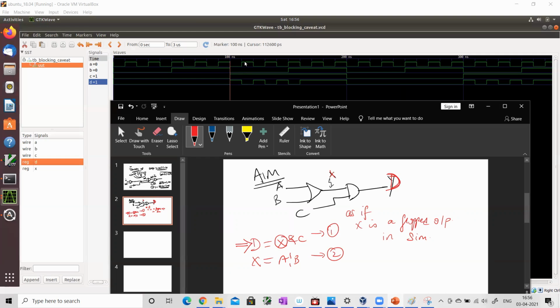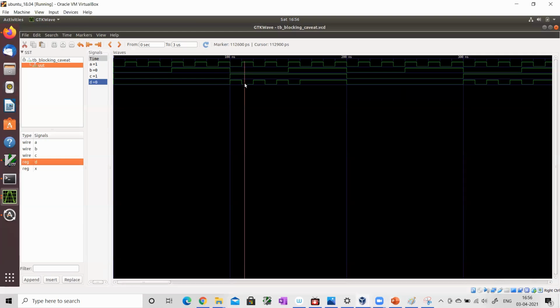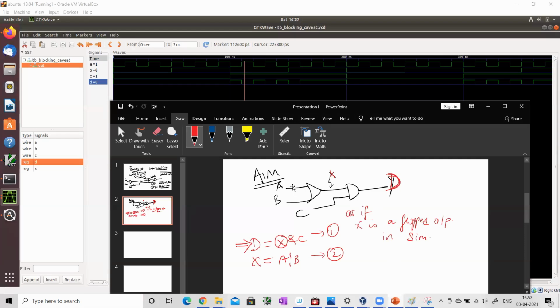And see, A is high here and output is going low. A or B cannot be low when A is high. See, this is A or B and C is 1. When C is 1, A is 1, the output D should be 1. The output D is going 0. That is because it is evaluating the condition here.